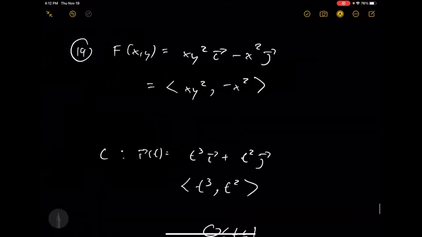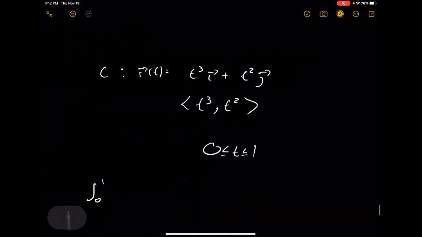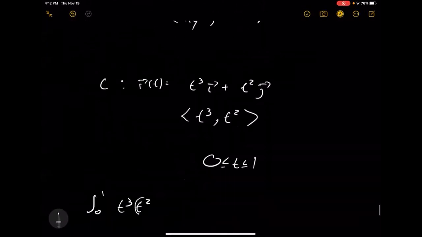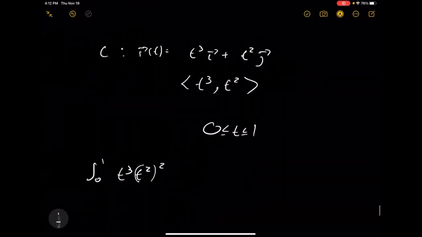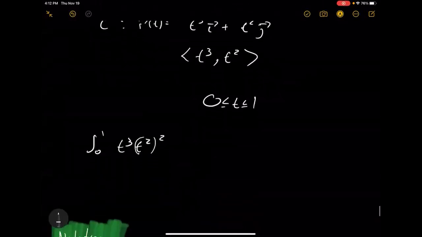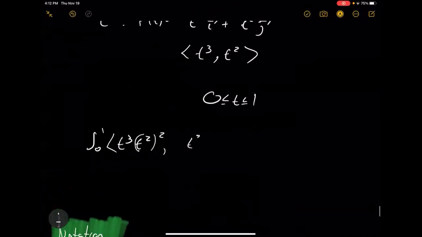So my vector field becomes what? T cubed times t squared, so x times y. Well, t squared is y, and then I square it because it's y squared, right? And then negative x squared: I take x, replace x with t cubed, square it, and then it's negative.